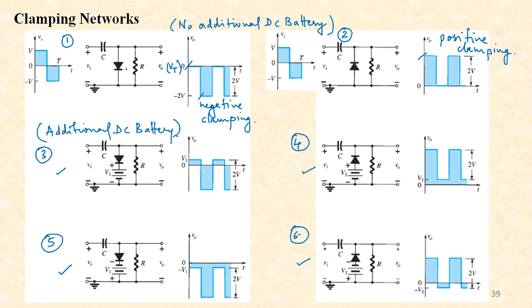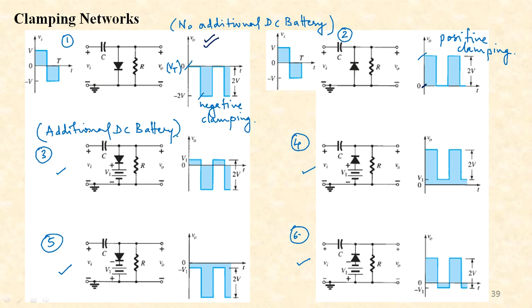In the first diagram, the diode is pointing downwards, so the entire output waveform is being negatively clamped, the transition level being 0. In the second diagram, the diode appears as if it is pointing upwards, so again with respect to the transition level, the entire signal is being positively clamped.